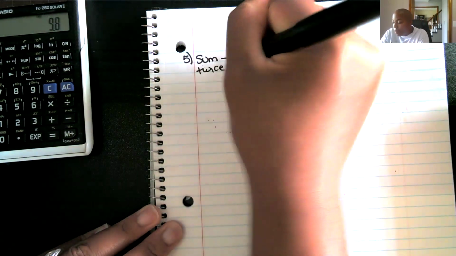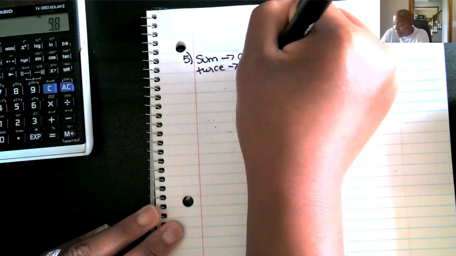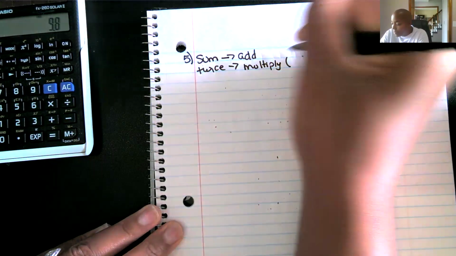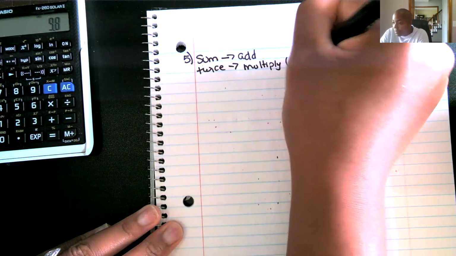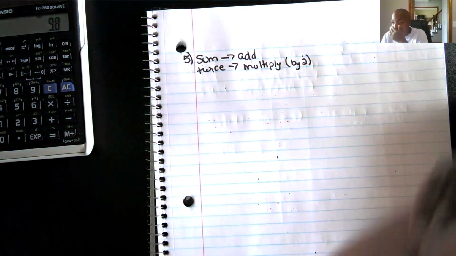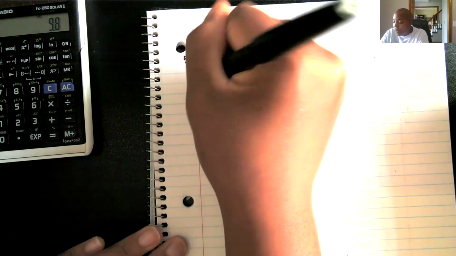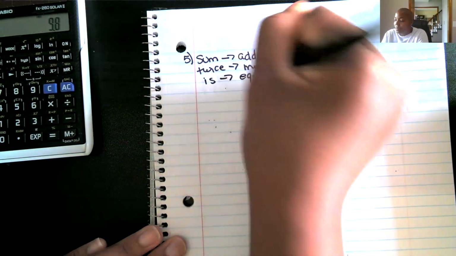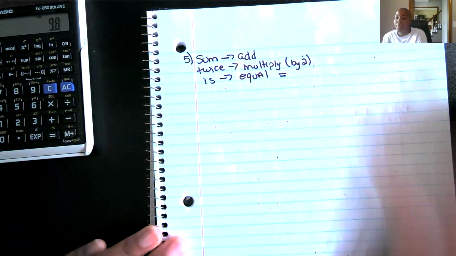The number twice means multiply. More specifically, 2 times. And then the word is means equal, like the equal sign.